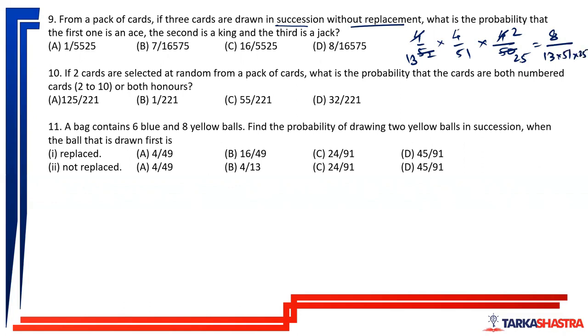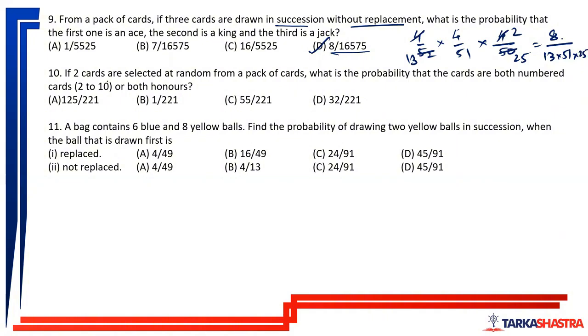And 4 into 2 is 8. Now that you have got 8, this has to be the answer. It is not going to reduce anything. So the numerator definitely is going to have 8. So 8 upon this thing has to be the answer, and no need to calculate the denominator. We can take the help of the options. So this was your 9th question.